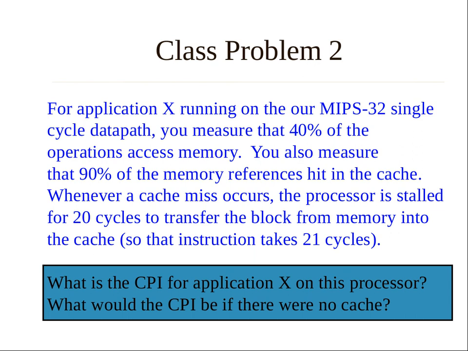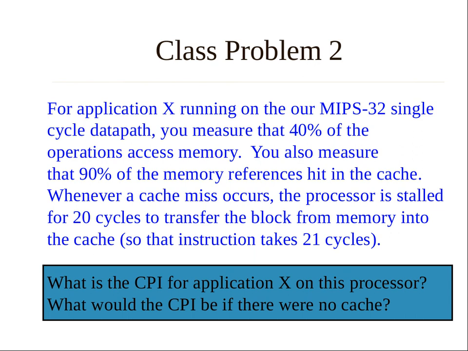What does that equal? Maybe 1.8. Yeah. Okay, well, that's pretty good. Even though we have a slow main memory, it didn't quite double the speed.